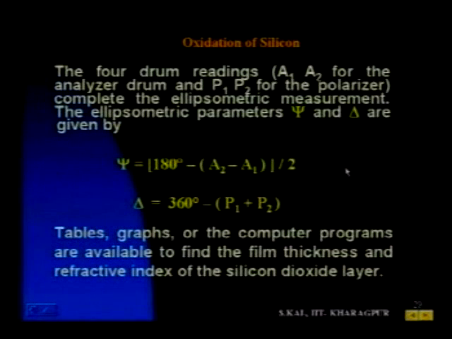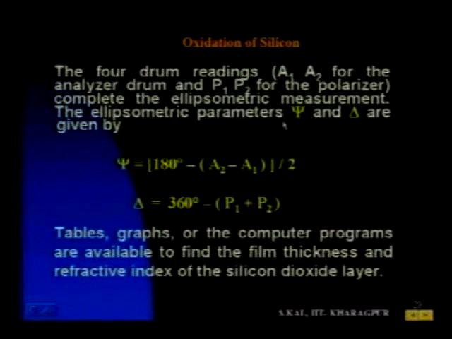A rigorous analysis is available, and you can go through how the thickness and refractive index are related to these ellipsometric parameters psi and delta. Basically, from the analyzer and polarizer drum readings, we get psi and delta.